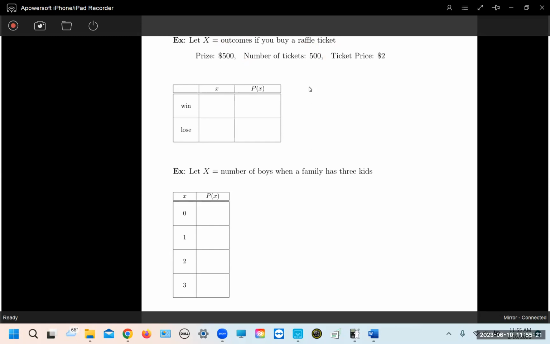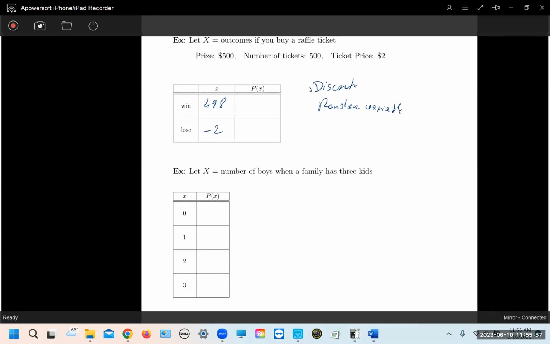So the chance, we can say, is a discrete random variable. If we pay only $2, the winning amount is $498, and if we lose, we lose $2.